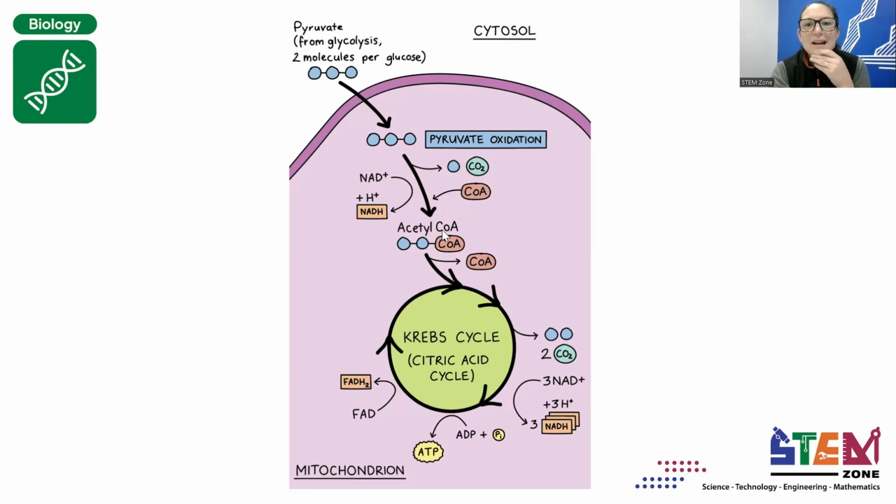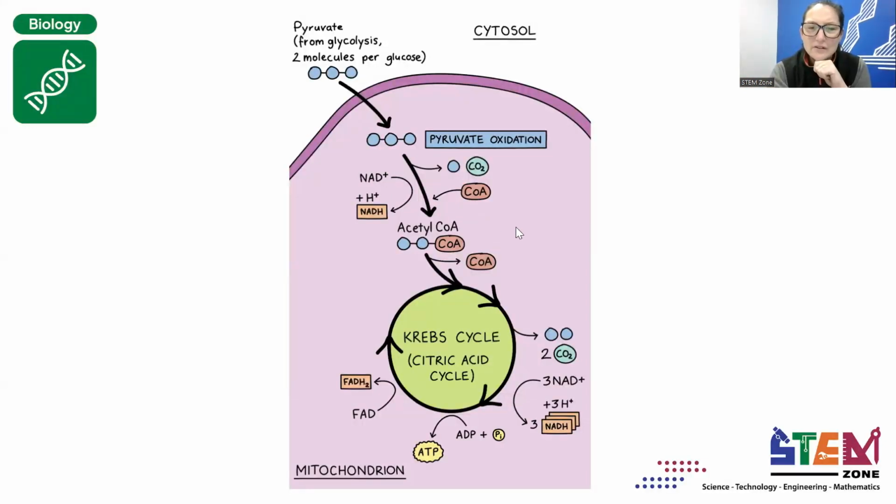So acetyl-CoA, or coenzyme A, is formed, and in doing so, we also make some more NADH. So we've got NADH made in glycolysis, and then again in this link reaction or pyruvate processing. And you've got your first carbon dioxide release there.